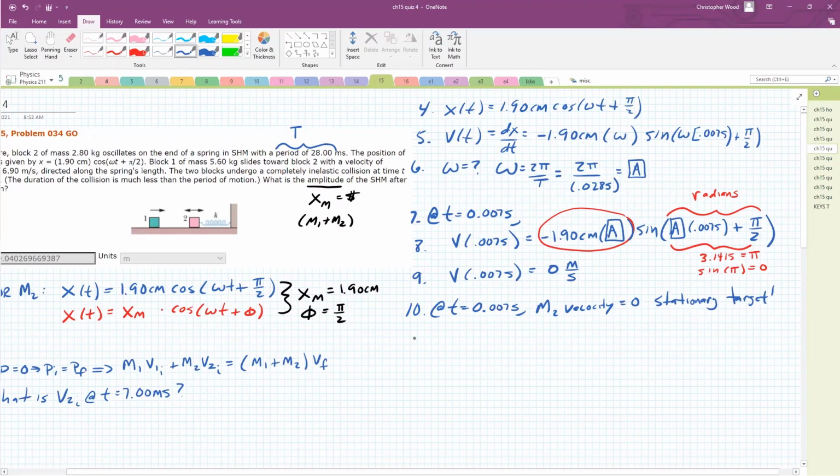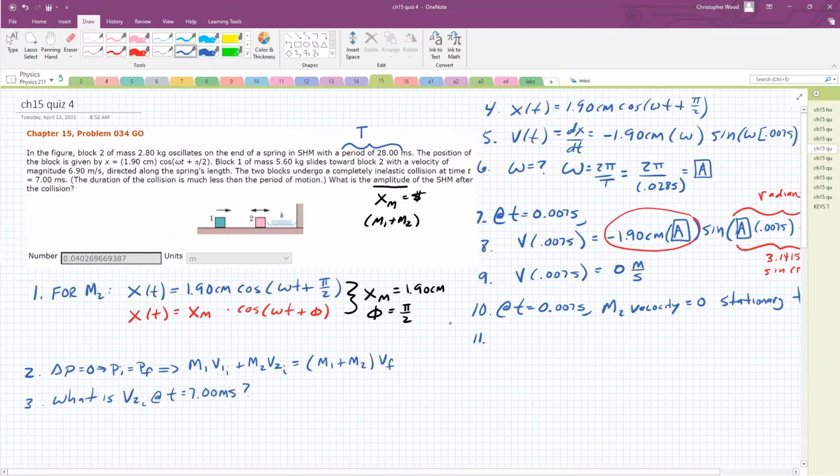Because it's a stationary target, I'm going to go back to number 2. Here's my new number 2. Low-hanging fruit, this equals 0. So it's momentarily stopped. At the moment of collision, block 2 has a velocity of 0 just at that moment.